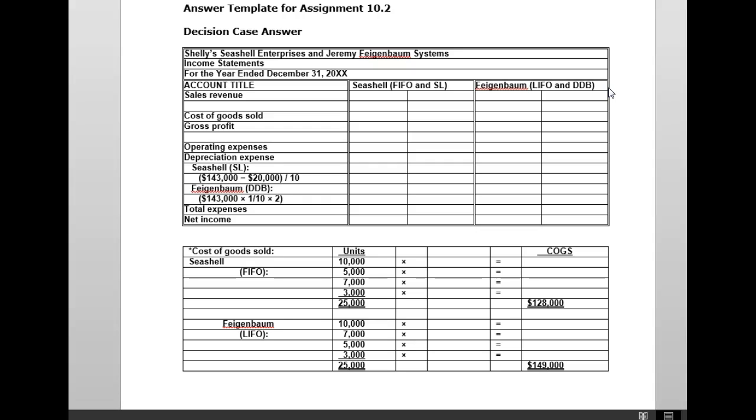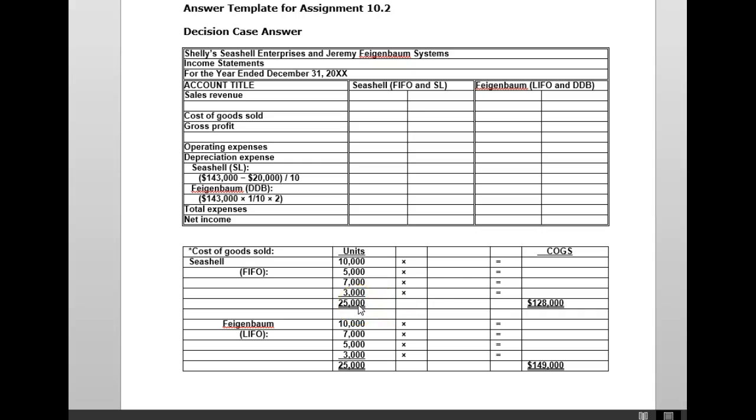So the first thing, we give you a bunch of information. They've sold 25,000 units, and this is a breakdown of the units. FIFO, obviously, if you look at the information sheet, is going to use the numbers from the top down.